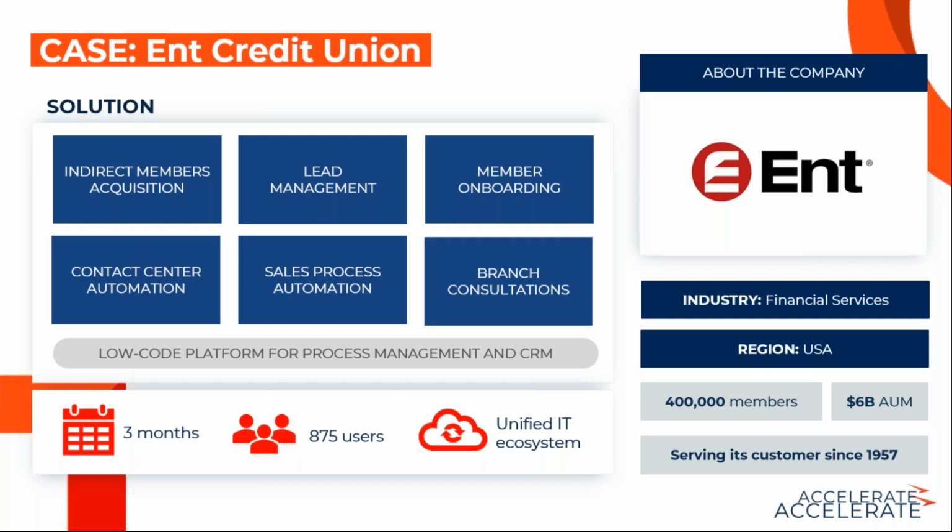When we think about indirect members, they are, let's say, individuals that go out and get an automobile loan within the state of Colorado. Now that automobile loan may be coming from End Credit Union. And that individual, because they have their auto loan through End Credit Union, that makes them a full-fledged member of the credit union.